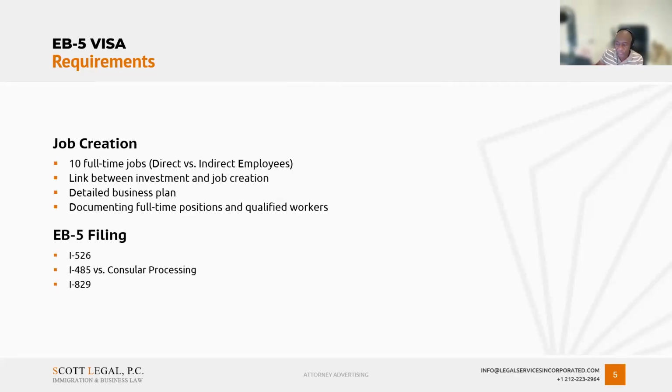There are limited times where there's an exception to this. With law, there's always an exception. It's something if there's what's called a troubled business, but it's again an area that's an exception. But the general rule is that purchasing a business for EB-5 doesn't work when the money goes to the seller. Now, purchasing a business could work if you invest the money and the money doesn't go to the seller, but it goes into the business, right?